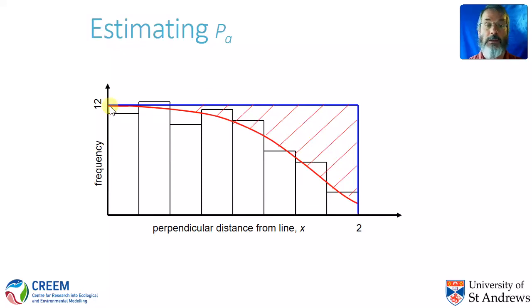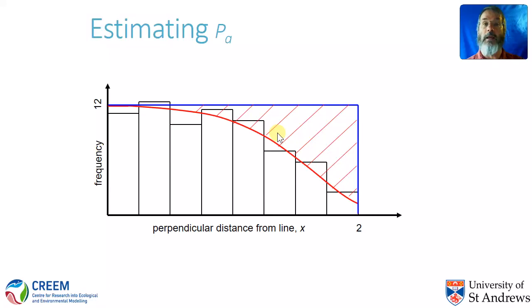If that was the case, then our histogram would resemble this blue box, this blue rectangle. In other words, an animal at 2 kilometers from the transect line is just as likely to be detected by us as an animal that is 100 meters from the transect line. Therefore, this histogram would likely be horizontal.